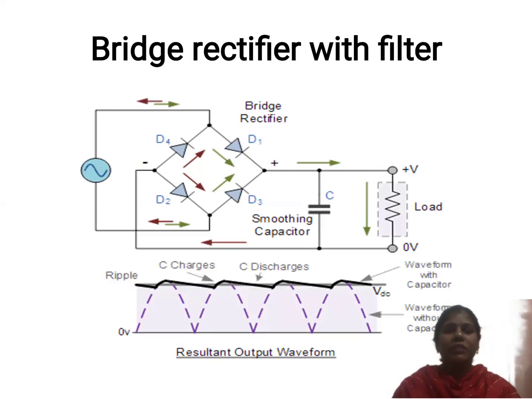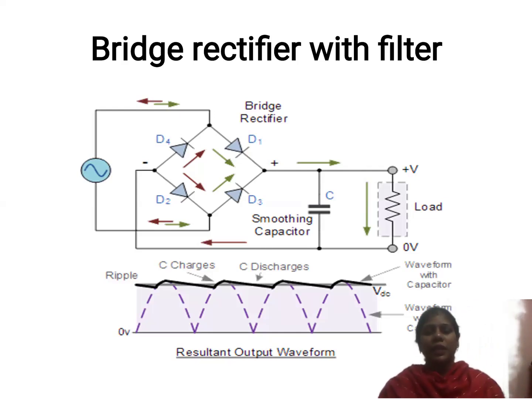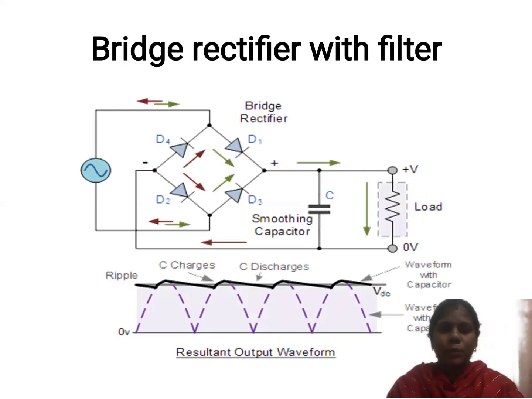Whenever an input signal is applied to a bridge rectifier, the positions of diodes D1 and D2 are the same, and the positions of diodes D3 and D4 are the same. When the positive half cycle of the AC input is applied, it goes to the anode terminal of D1 and the cathode terminal of D4.